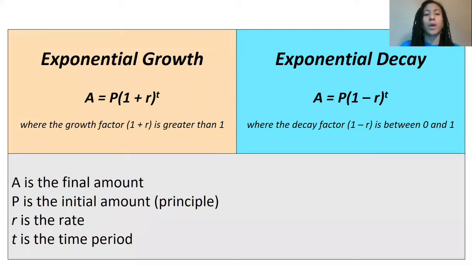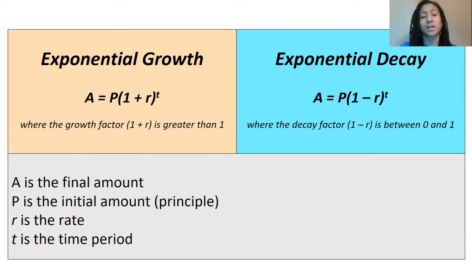So when we're talking about exponential growth and decay, the formula is basically the same, but as you could see, there's one major difference. If we're growing something, it means that we're adding on. If we're decaying, it means that we are subtracting from. So just to point something out, the growth factor or the decay factor is the piece that you see in the parentheses.